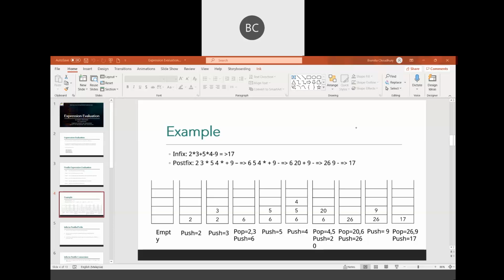It's left associativity, so you will go from left to right. That means you will evaluate this one first, then finally you will evaluate the whole expression. So if you want to convert it to prefix, what will you do? A plus, you bring this sign here. Plus remains C.